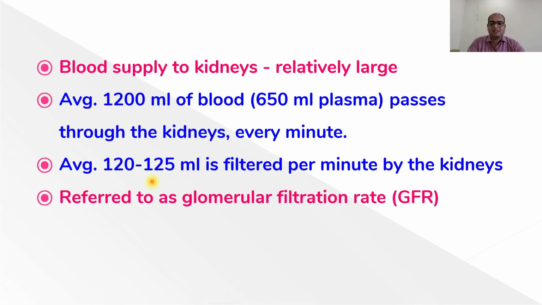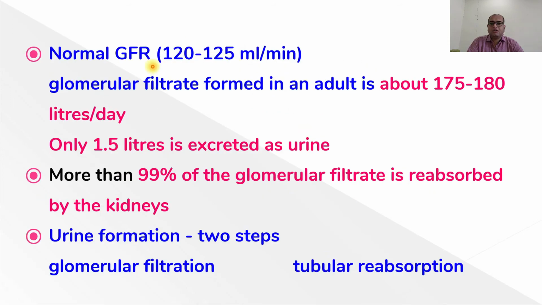So that tells us about the filtration capacity, or the capacity of a kidney to remove the bad components from the blood. So normal GFR is around 120 to 125 ml per minute, and if you calculate this, that is around 175 to 180 liters per day. That is filtration part only.